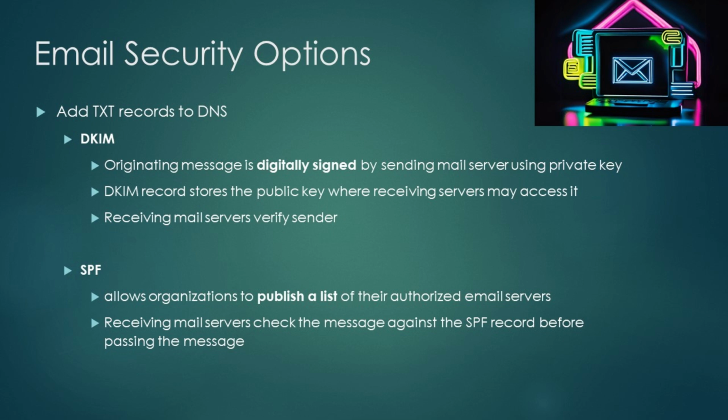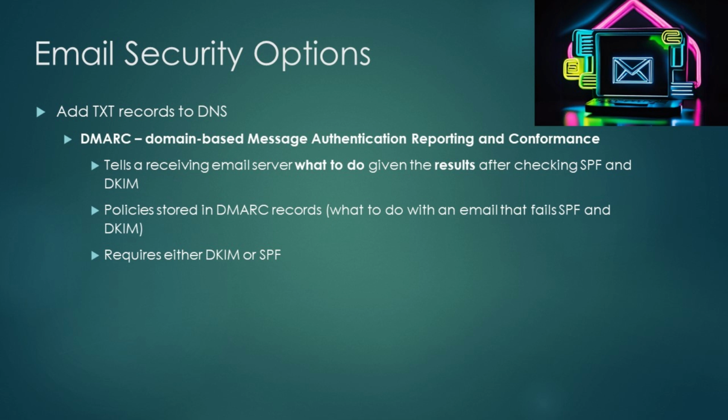That's the crucial difference. And then DMARC ties it all together. Domain-based Message Authentication, Reporting and Conformance. First, DMARC policy usually requires at least one of SPF or DKIM to pass for the email to be considered legitimate. Okay, let me check. But the most important part, DMARC tells the receiving server what to do if those SPF and DKIM checks fail. It provides instructions.